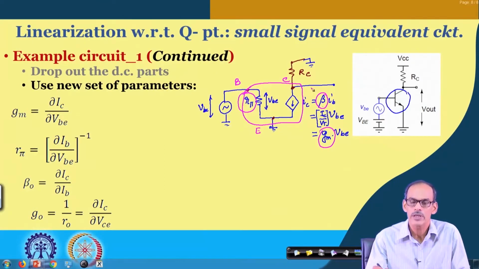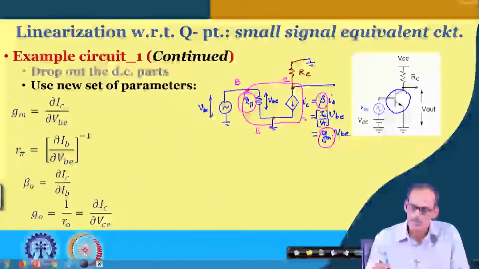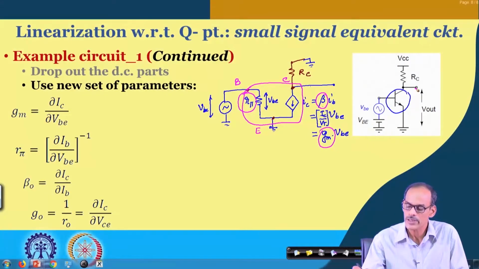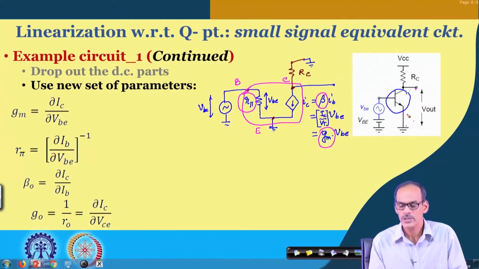and so far we are ignoring the Early voltage. In case we consider the Early voltage, then depending on the voltage at the collector, there will be some variation of the collector current. Namely, based on the V C variation, we may have some variation in the collector current.